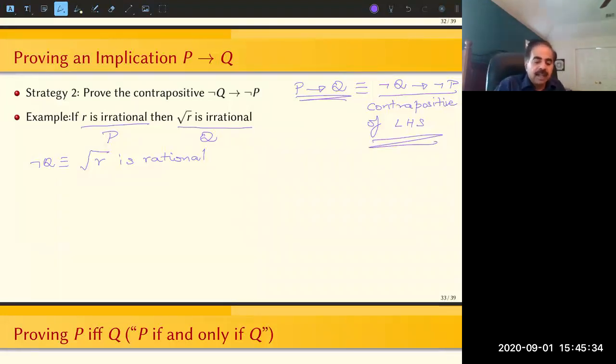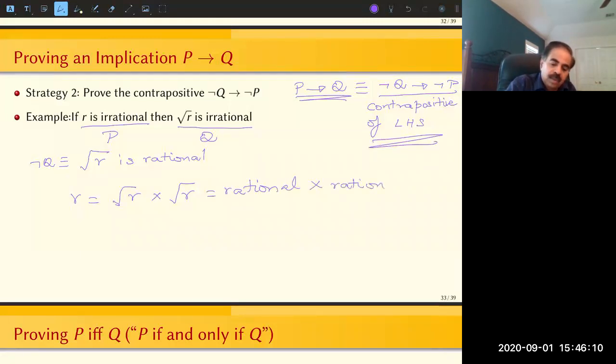So then we can see that R equals the product of two rational numbers, right? Which is, of course, a rational number.